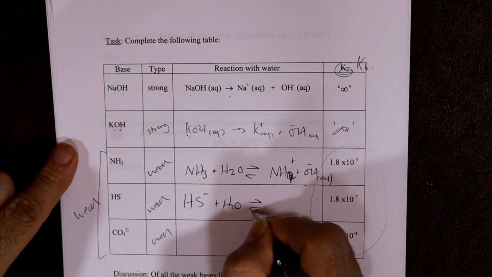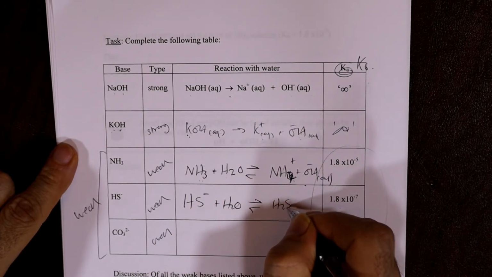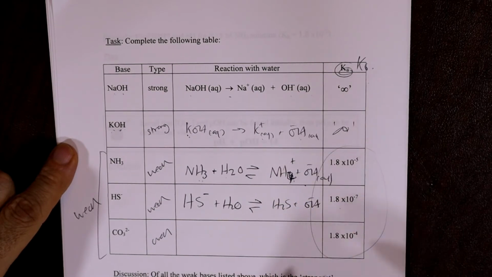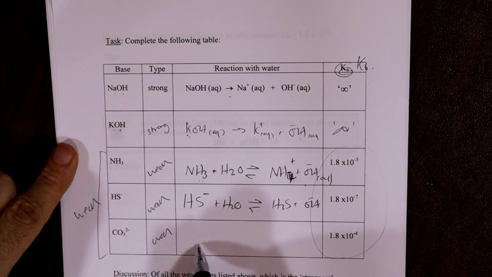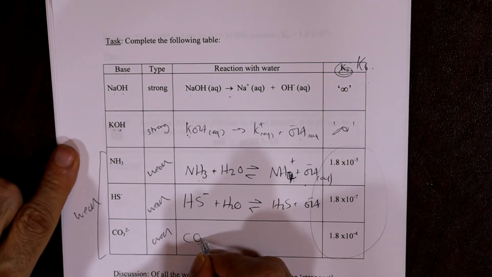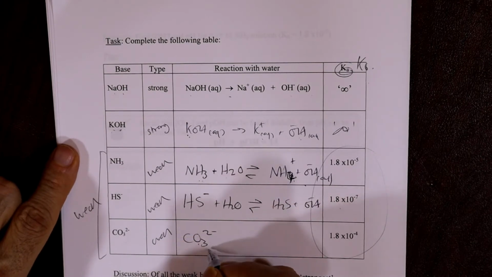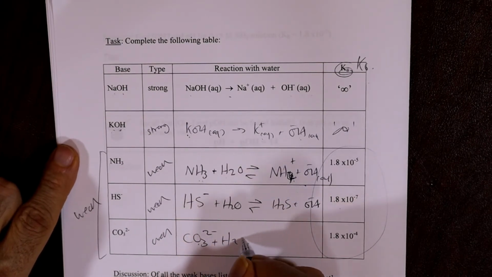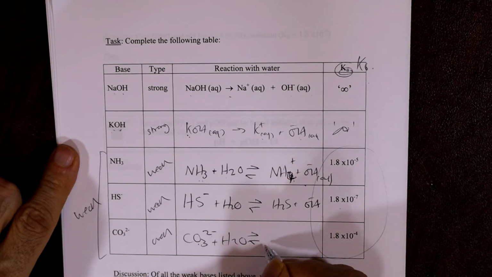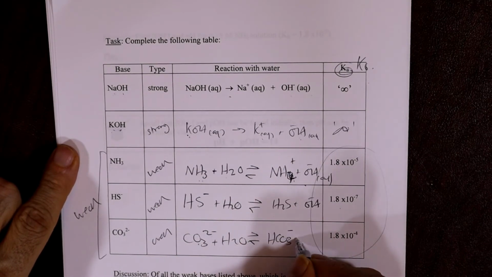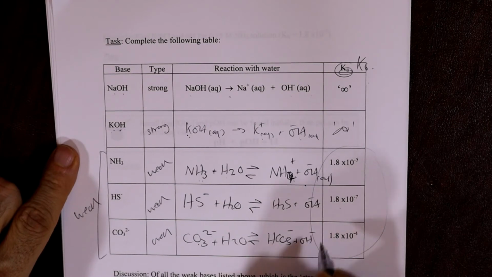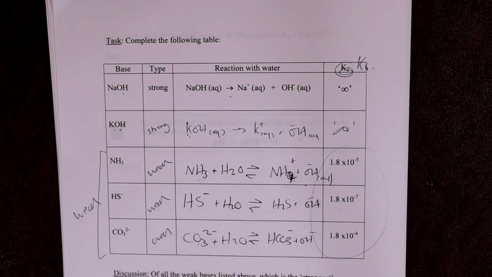Pick up a proton. And finally, this is the one from your lab you're hopefully working on, right? Okay, so there we are. The bases pick up a proton from water to leave OH behind.